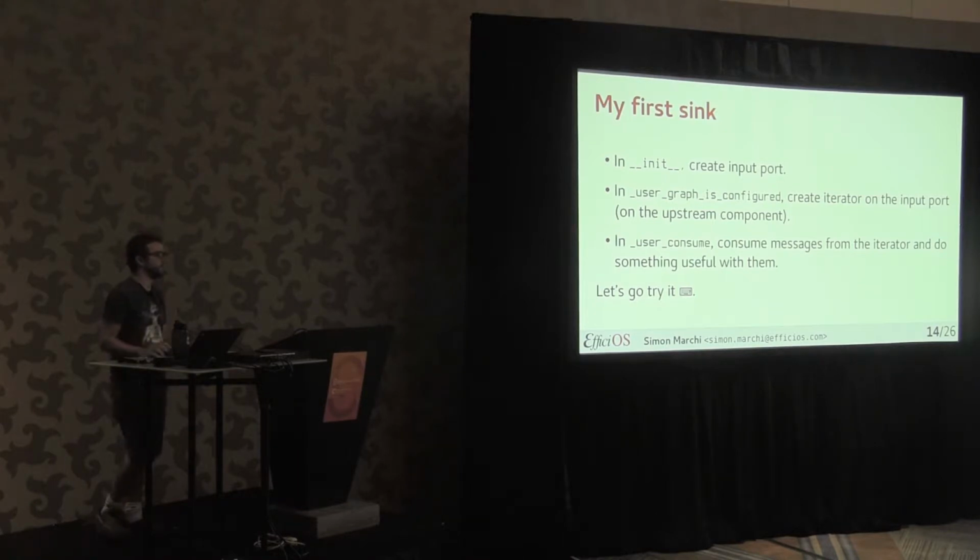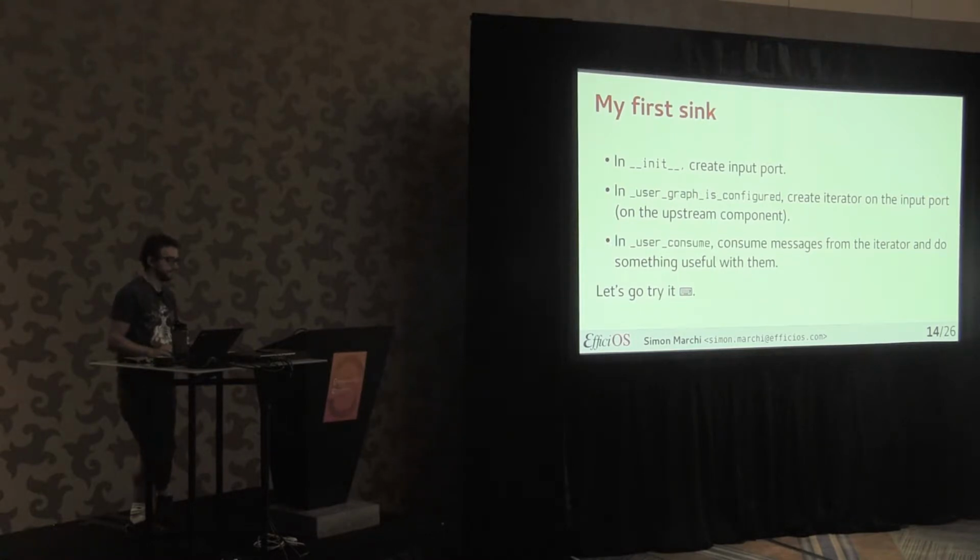That will be pretty much the simplest sink that does something other than nothing. The main steps in the life of a sink: in init, it will need to create some input ports. In order to add the component and connect it, it needs to have at least one input port, and that input port will be connected to an upstream component's output port.